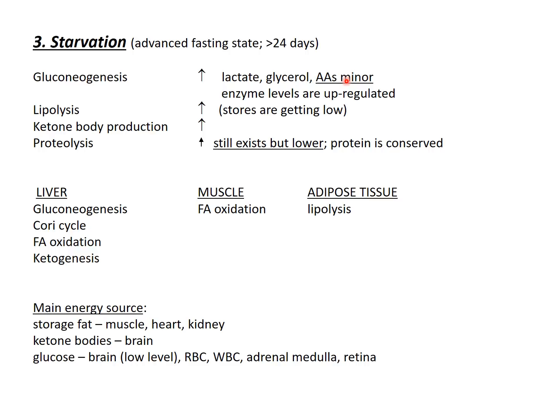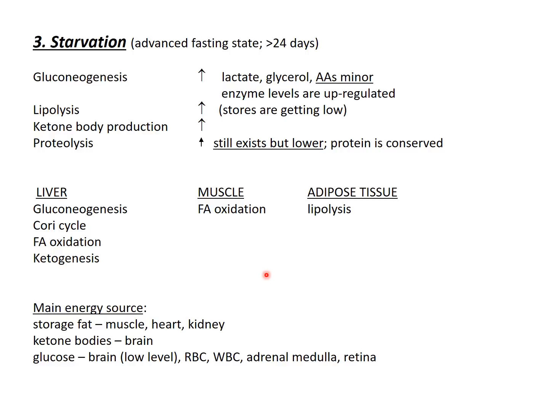What is becoming major? Lactate and glycerol, because lipolysis is still going on until the stores are there. In long-term starvation, fat stores, adipose stores, are also getting low. Ketone body is produced, but it is getting low. This is the stage when thyroid hormones are sending the signal to the body that there is not enough energy.